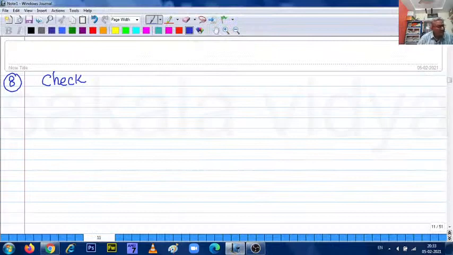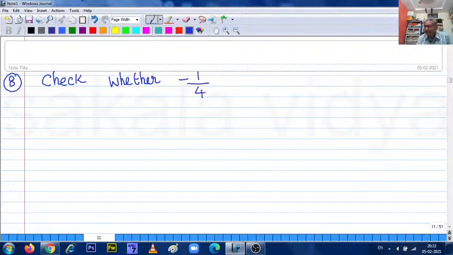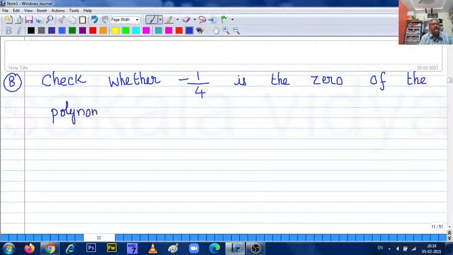Okay, leave it. Check whether negative 1 by 4 is the zero of the polynomial 4x square plus 5x plus 1.